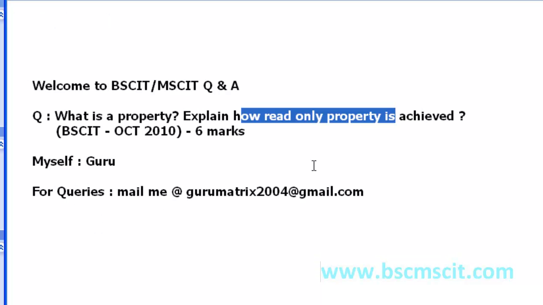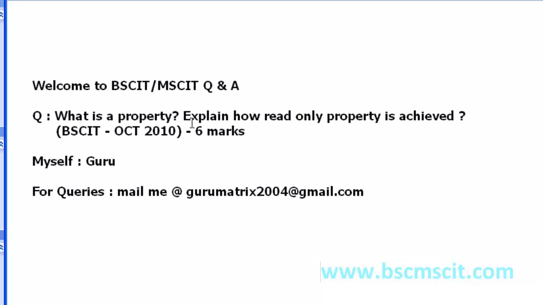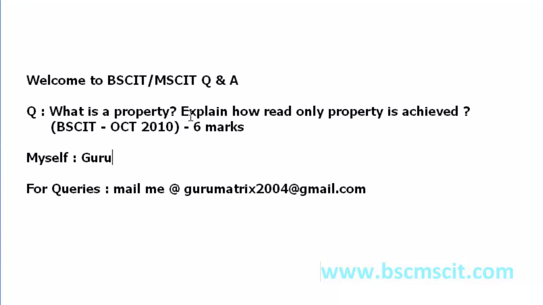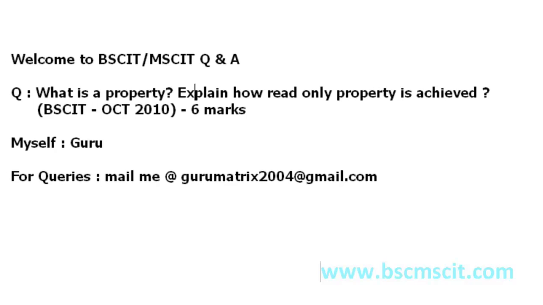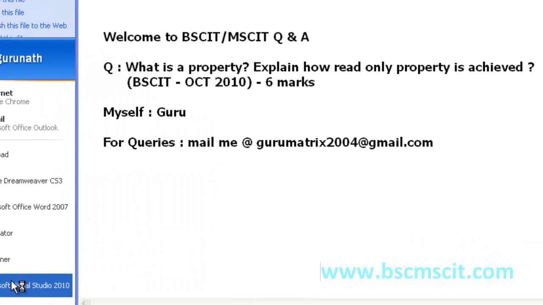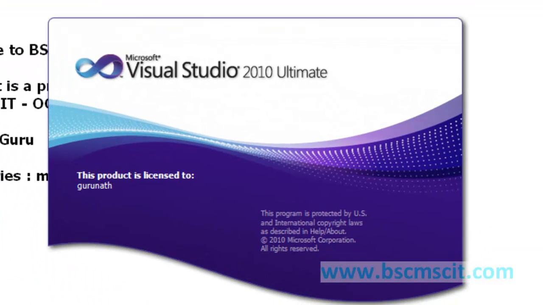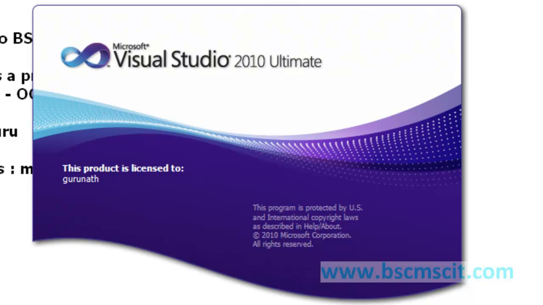We will use a class and we will create a property, and we will see how the read only property works, how the read only property is achieved. Let's see a simple example on that. For that, let me just open up my Visual Studio 2010, and I'm going to create my console application project.